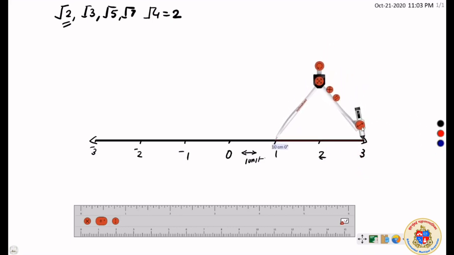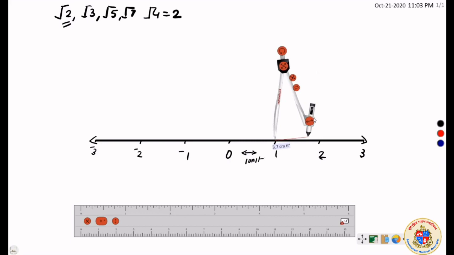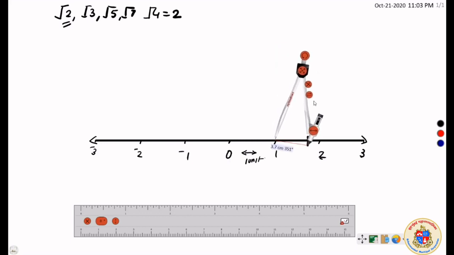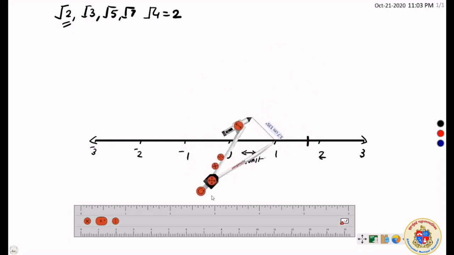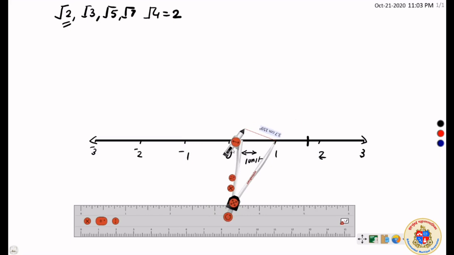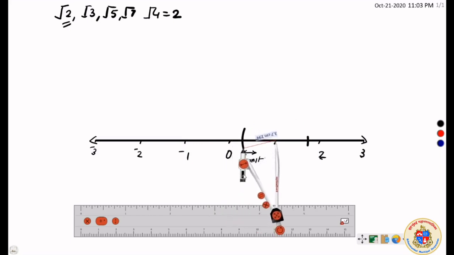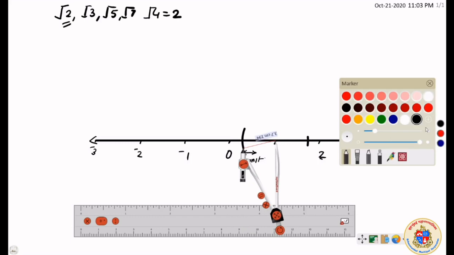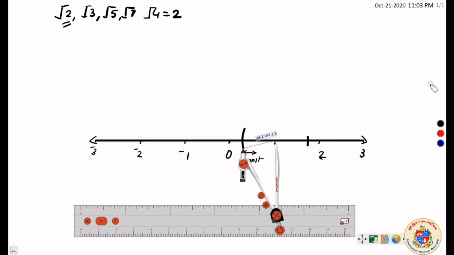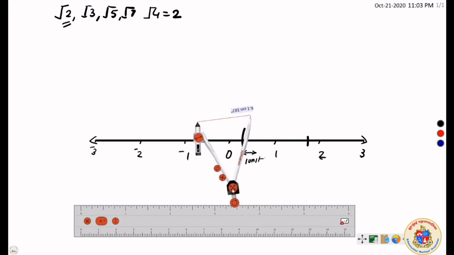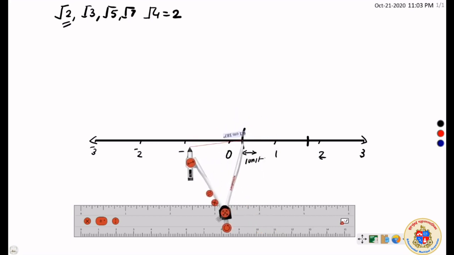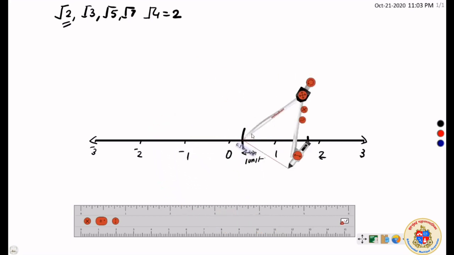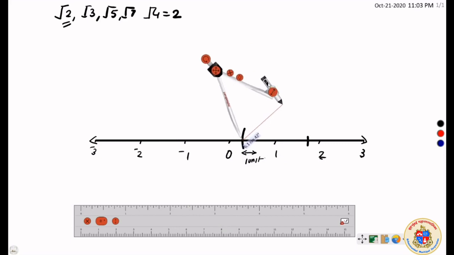Bringing the compass here, I need to make an arc over here. You have studied about it. Another arc over here. I would like to make this line a little thinner for better appearance. Okay. Now I have to increase the expansion of the compass and do the necessary for drawing the perpendicular at 1.